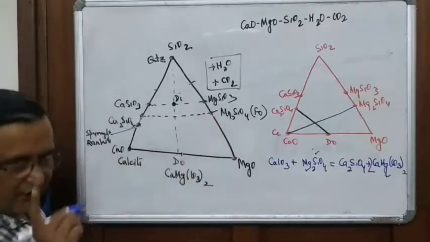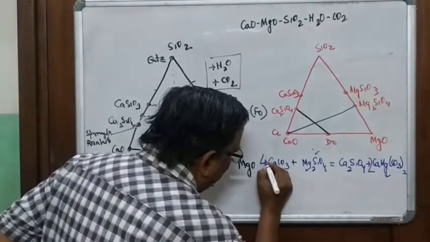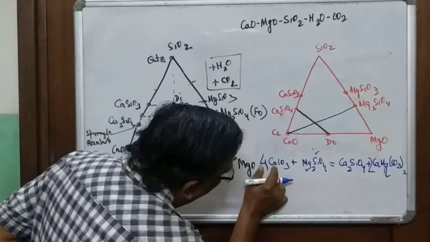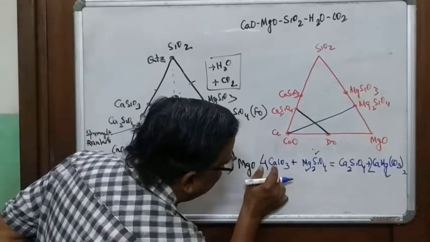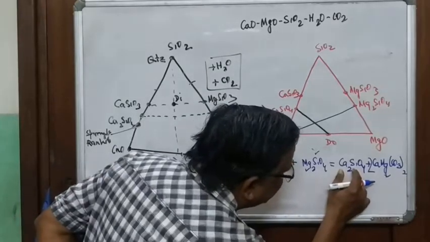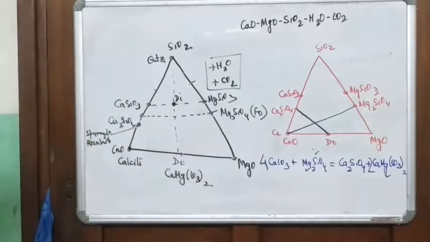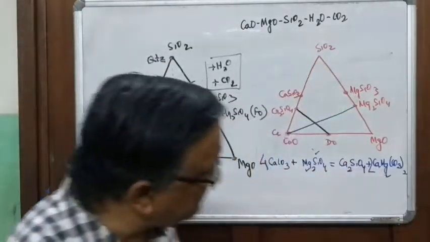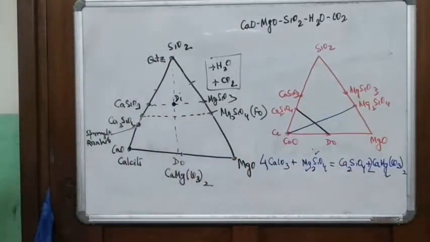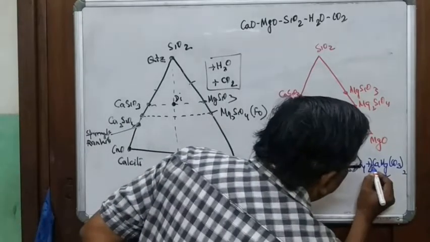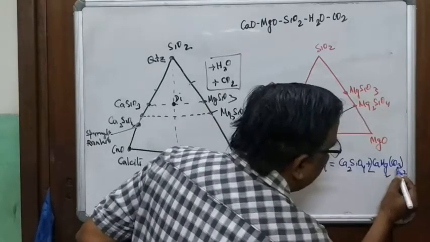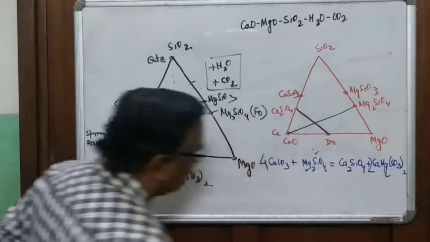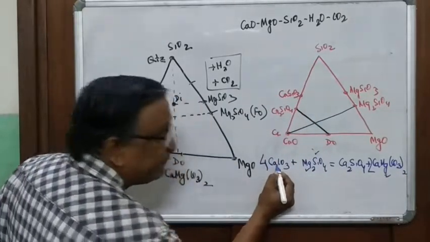Here you have 1 calcium. So you will have 4 CaCO3. Now you see here 4 calcium, and here it is 2 calcium plus 2 calcium, 4 calcium. So calcium, magnesium and silicon are balanced. Now let's look whether carbon is balanced. How much carbon is there? 2 CO3, 2 into 2, 4 carbon. Here it's already 4 carbon.